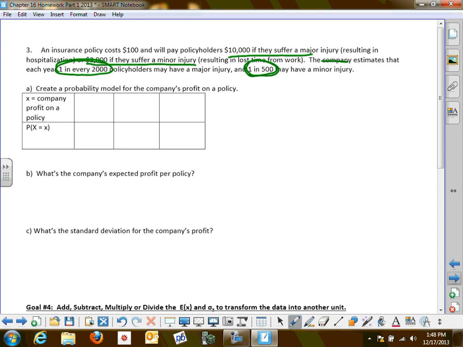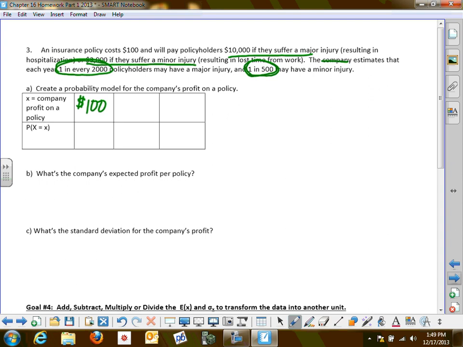So here we go. Let's create a probability model for the profit that the insurance company is making. So straight out of the bag, everybody's going to be doing what? Paying $100, and we're going to find that probability shortly. What else could happen? The insurance company could have to pay for, let's do major injury first.